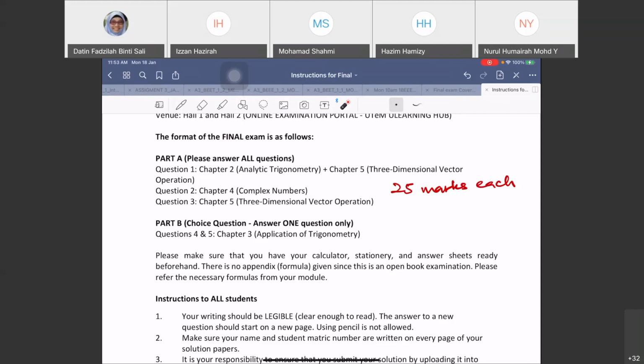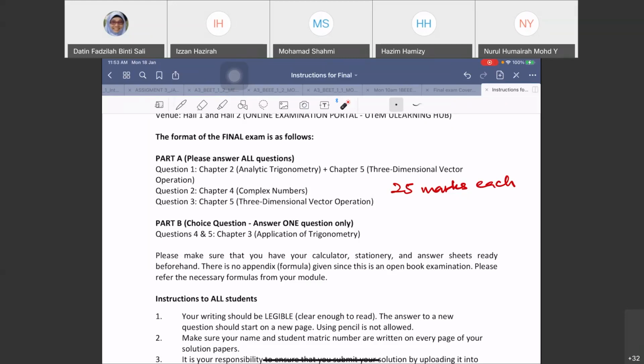That is a different matter. But those are past years that the authors have put in at the very last page of your module. They call them review exercise 1, review exercise 2, until review exercise 7, and there's also an answer for each question.